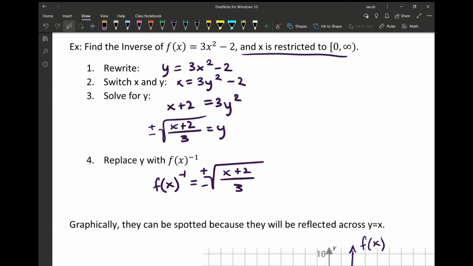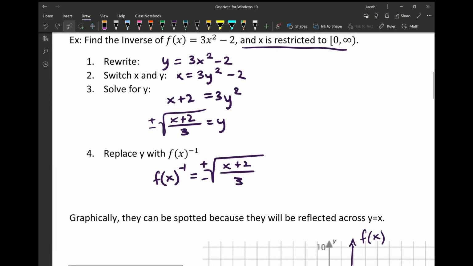Alright, so I've solved that, and we swapped x and y. We found an equation that looks like it could be the inverse.